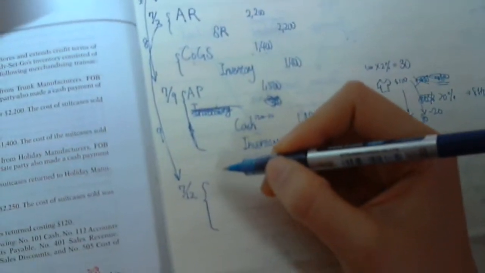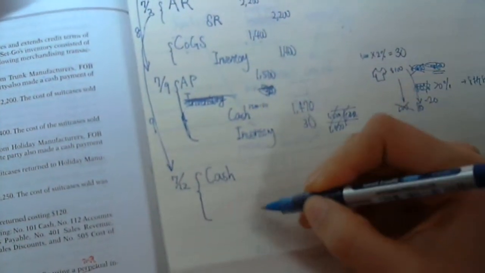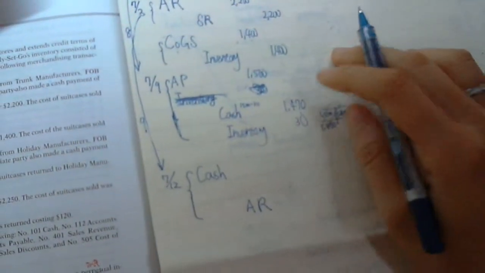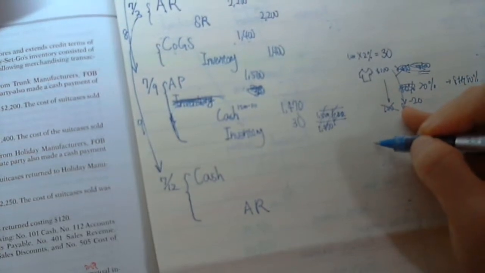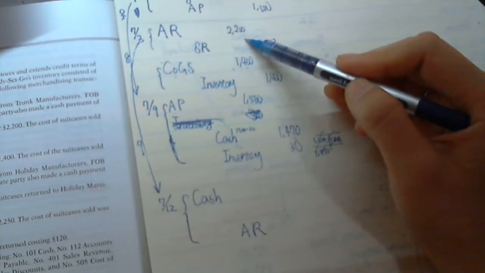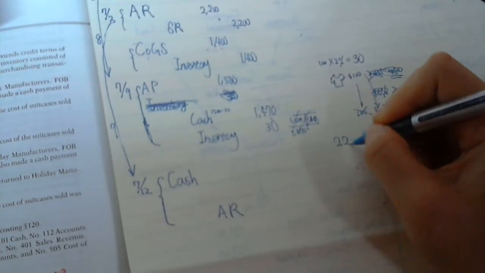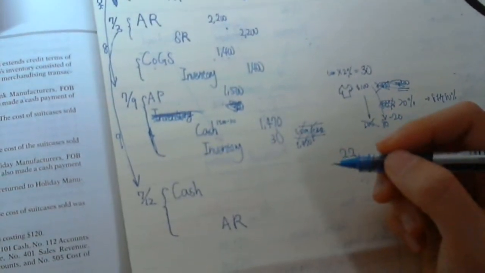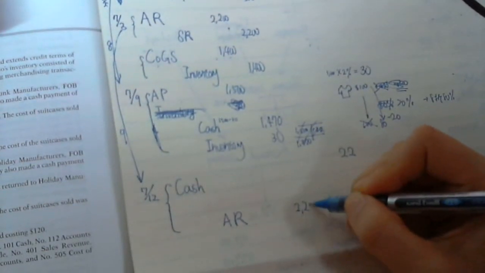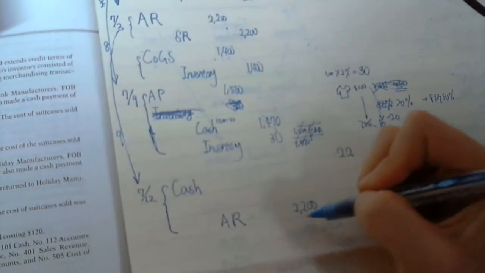Okay, so now they are going to pay me cash for the account receivable. Then how much is 1% discount? The account receivable was 2,200 and 1% is 22. Okay, so we write it here, 22, just as a record. So the account receivable will be 2,200 and the cash will be less than 2,200.